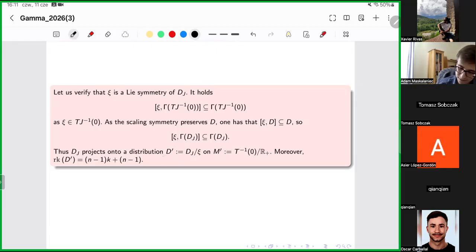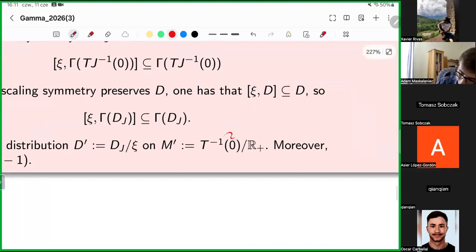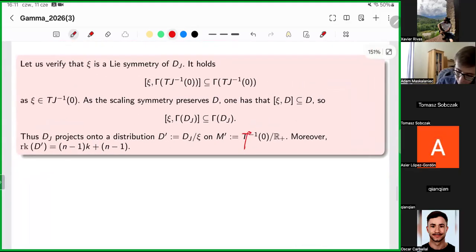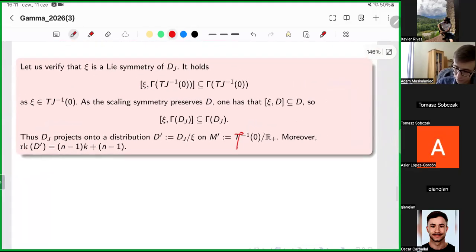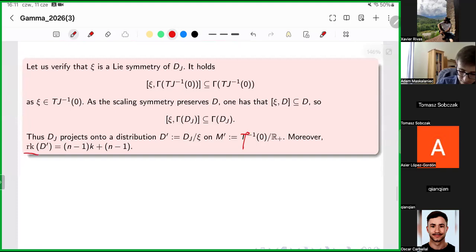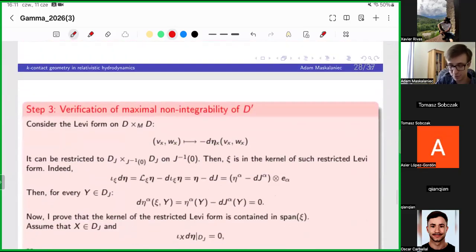That is this distribution D prime, that is the intersection of the k-contact distribution with the tangent space to the level set. I'm sorry for a typo, but here we should have not T, but J. And then we have a distribution that has a proper dimension. So it is a good candidate to be a k-contact distribution.